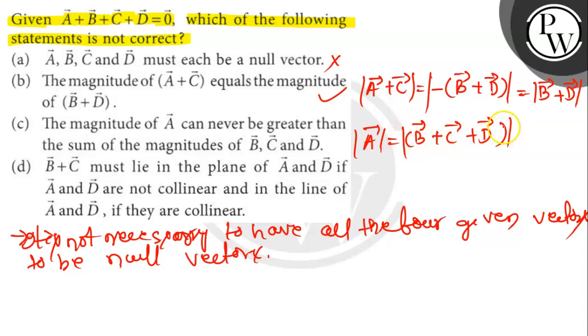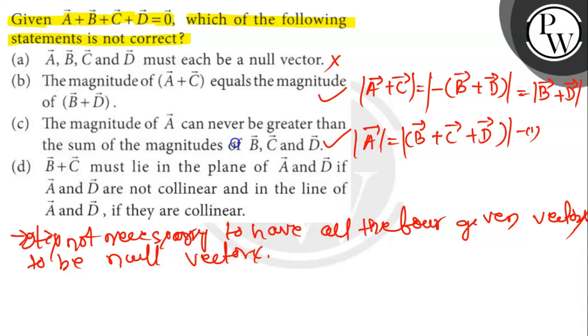This is equation 1. Equation 1 shows that the magnitude of a is equal to or less than the sum of the magnitudes of b, c and d. So the magnitude of vector a can never be greater than the sum of the magnitudes of b, c and d. So option C is also correct.